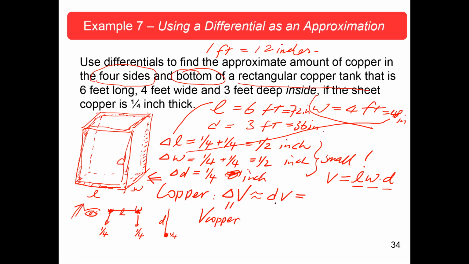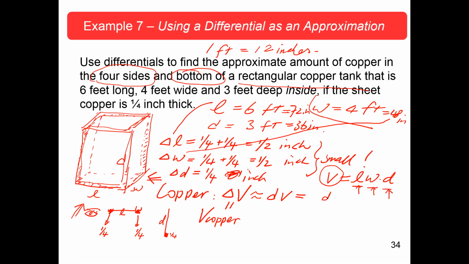So the question is just about what the differential of V is. V is the dependent variable. The independent variables are length, width, and depth. We can refer to our previous conclusion.